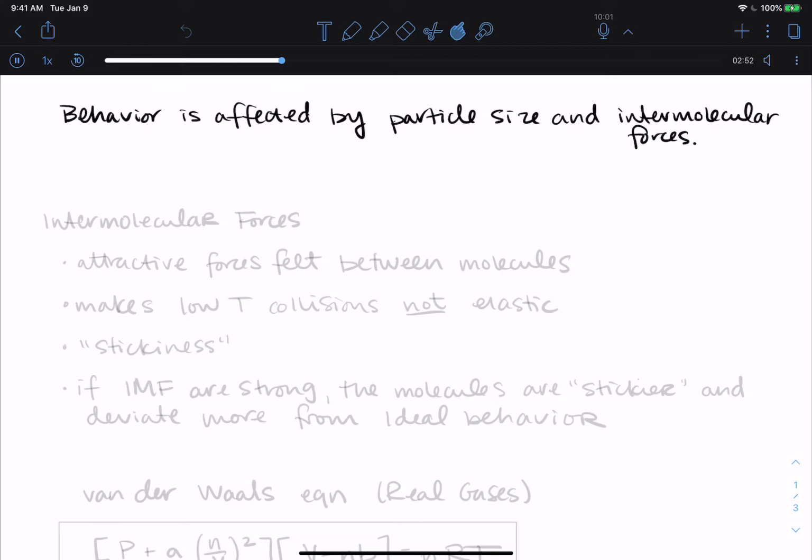We have not yet gone into intermolecular forces. It is a topic that we cover in second semester. But I am going to give you a brief introduction here since it affects our gas behavior. Intermolecular forces are attractive forces felt between molecules.